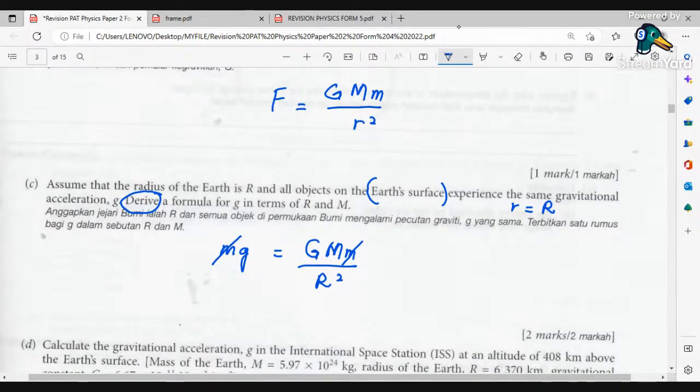Thus we get g equals GM divided by R squared. This one is for an object on the Earth's surface. Dua markah.